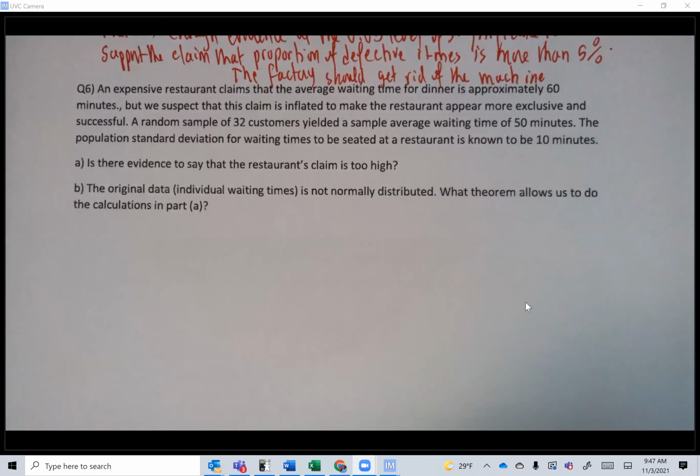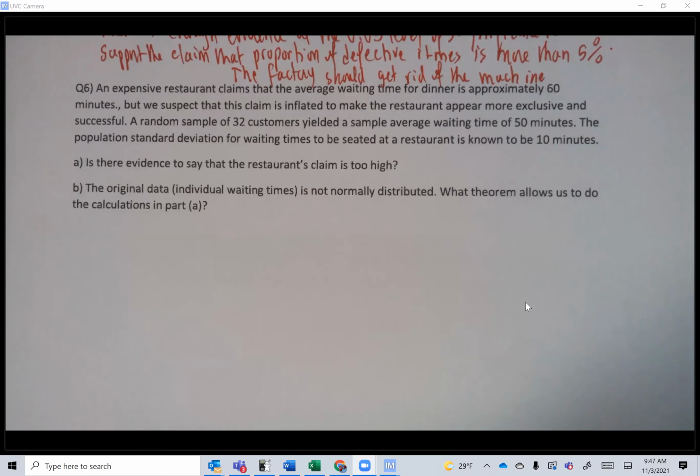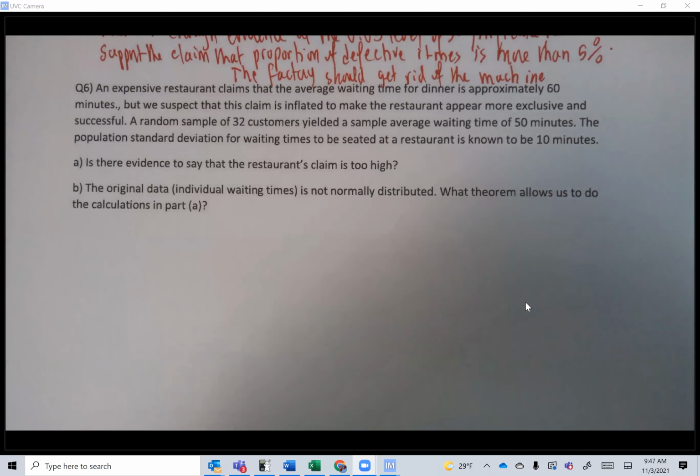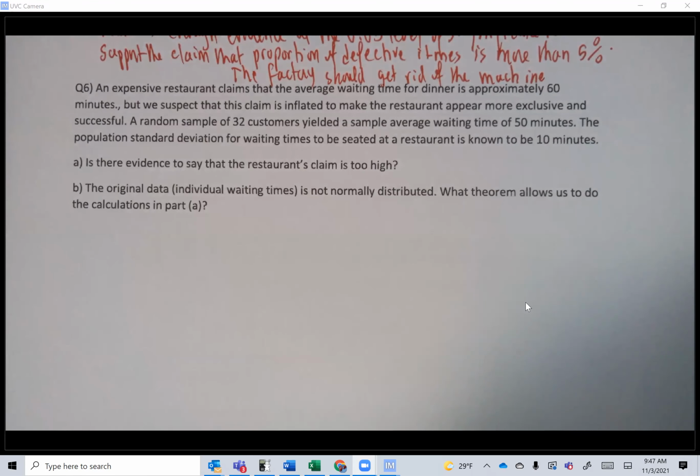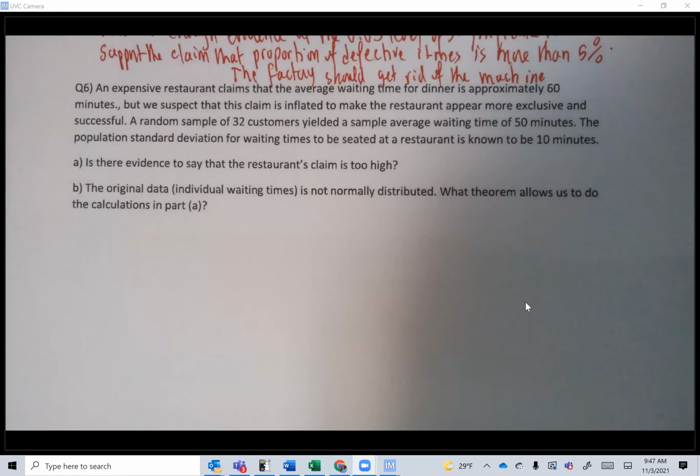An expensive restaurant claims that the average waiting time for dinner is approximately 60 minutes. But we suspect that this claim is inflated to make the restaurant appear more exclusive and successful. When you hear about a long wait time at a restaurant, you think the restaurant is a big deal, and that's probably an impression they're trying to make.